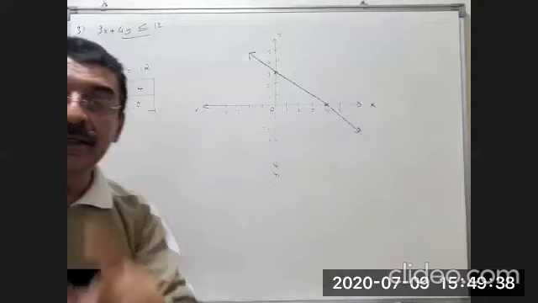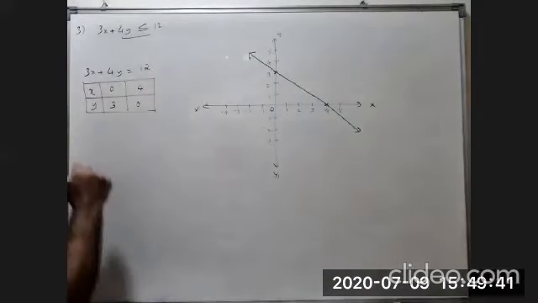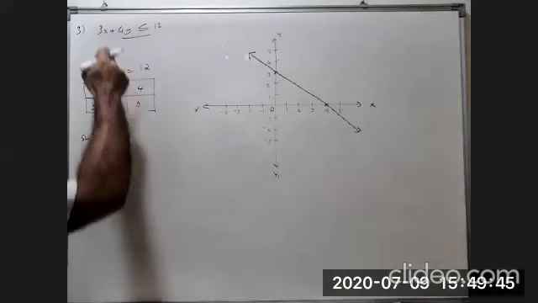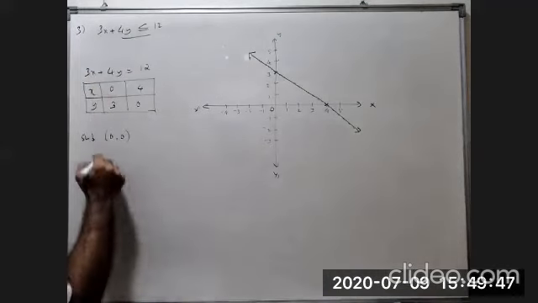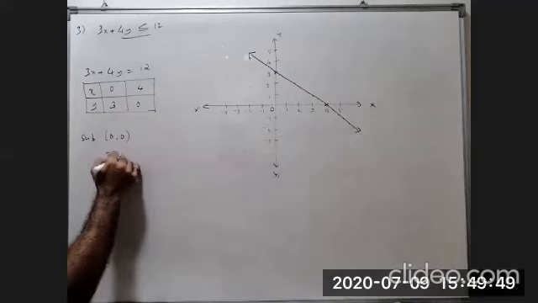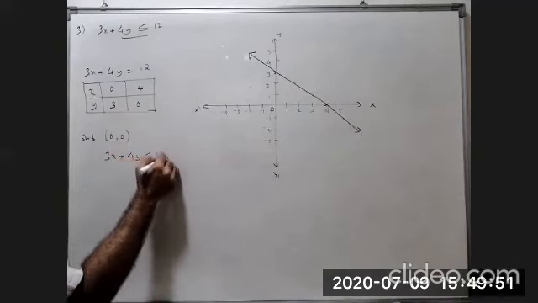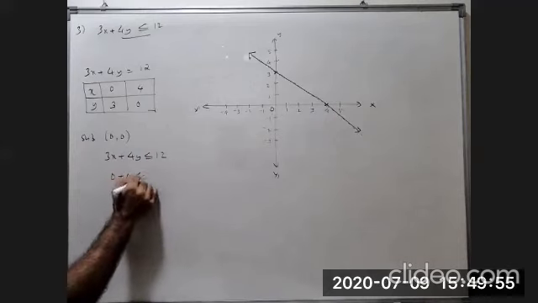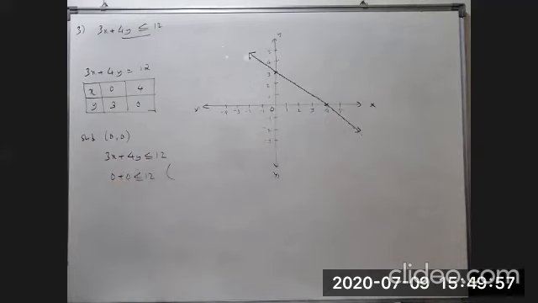For that, the easy method is substituting 0, 0 into our inequality 3x plus 4y. Substituting 0, 0 gives 0 plus 0. Is it true or false?